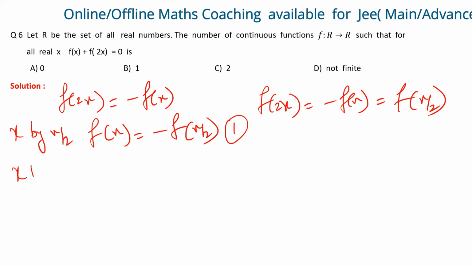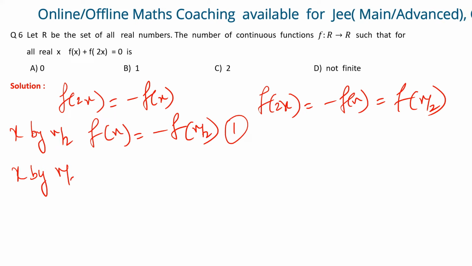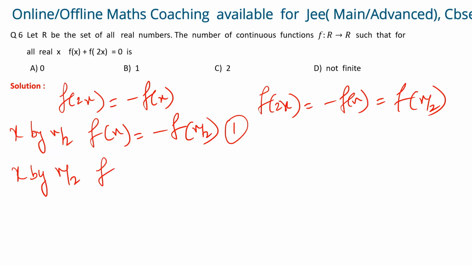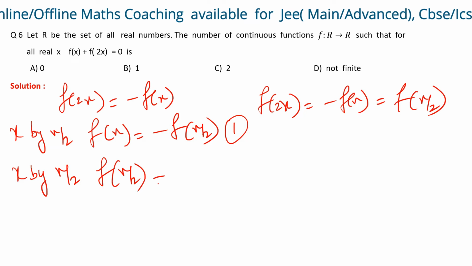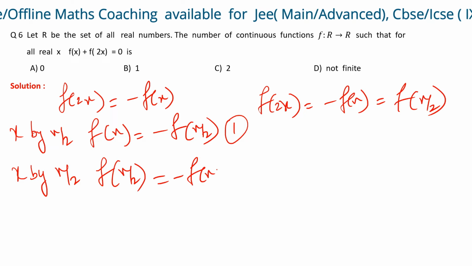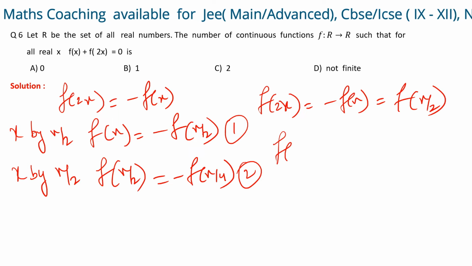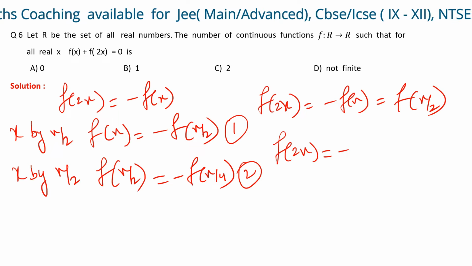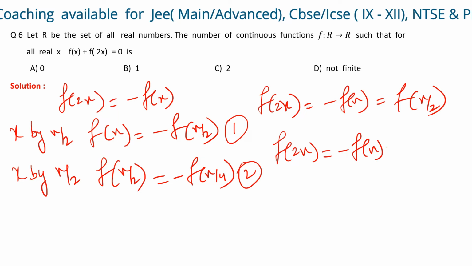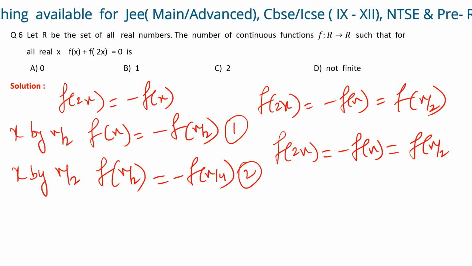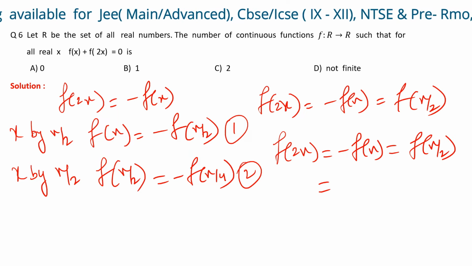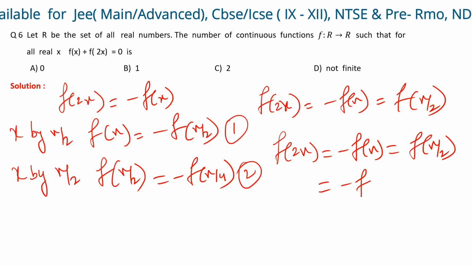Now if I replace x by x/2 again in the equation number 1, I am going to get f of x by 2 equal to minus f of x by 4. I am calling this equation number 2. So now I can write f of 2x equal to minus fx equal to f of x by 2 further equal to minus f of x by 4.